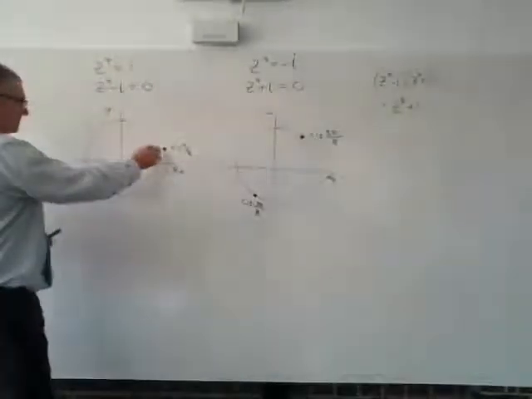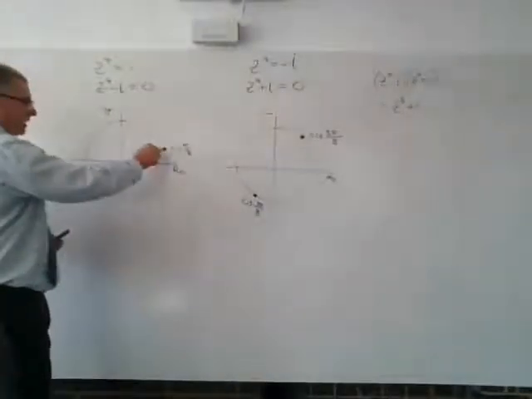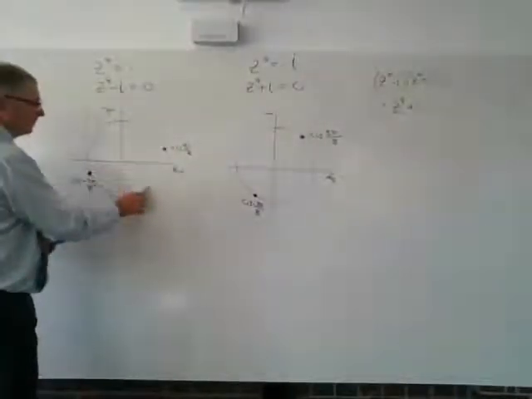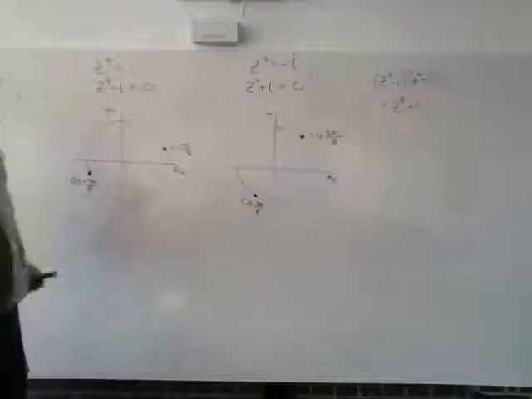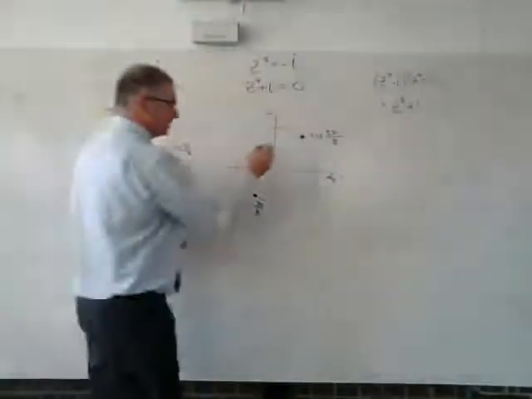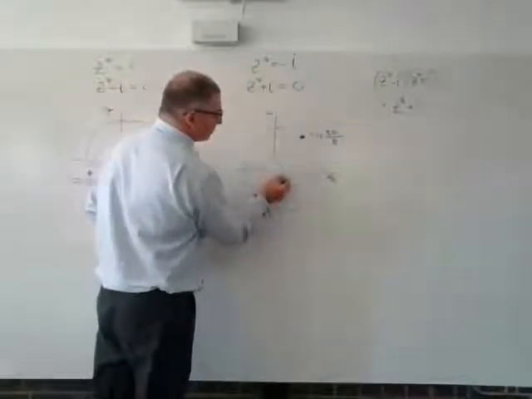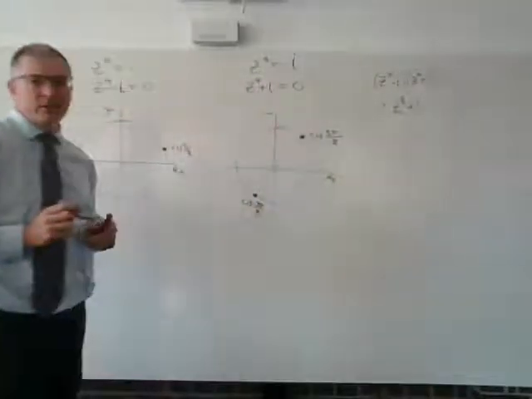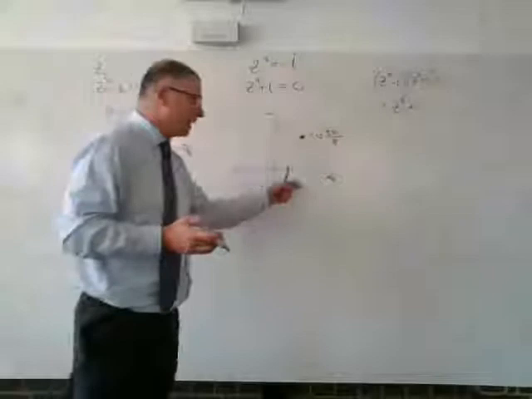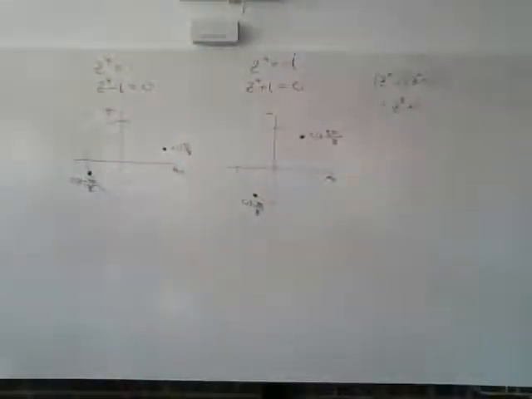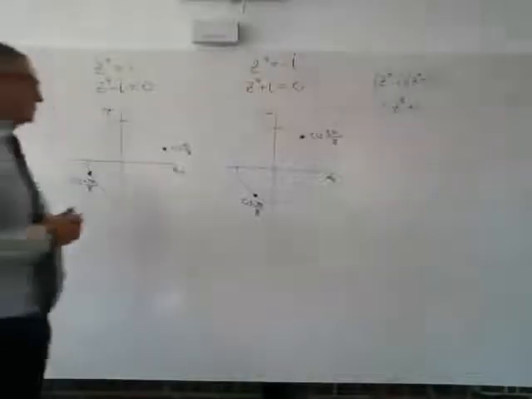Now these are directly across from each other, because we've got ourselves a quadrilateral happening on the number plane. So these will be directly across from each other as well. And the other 2 solutions will be there and there. So what would they be? They're not conjugate pairs. Well, that's right.